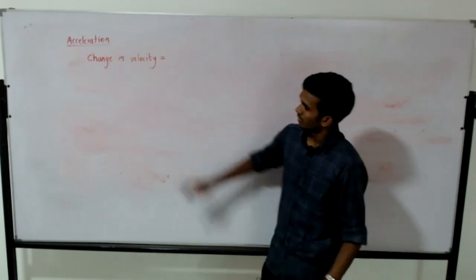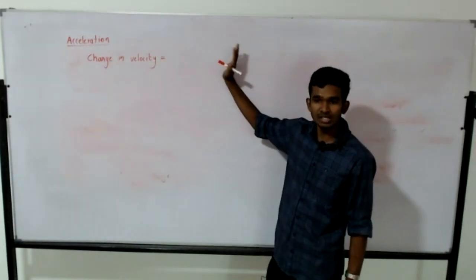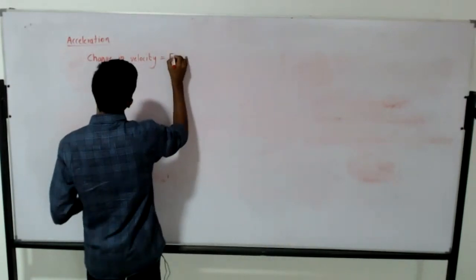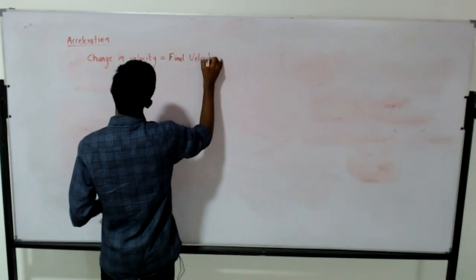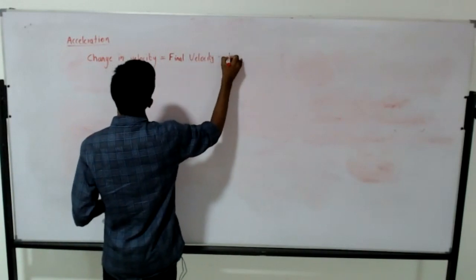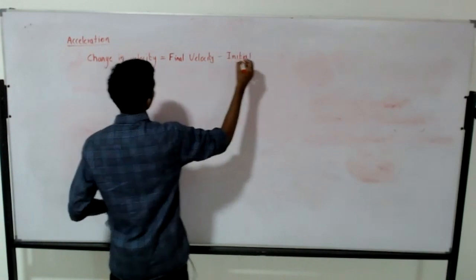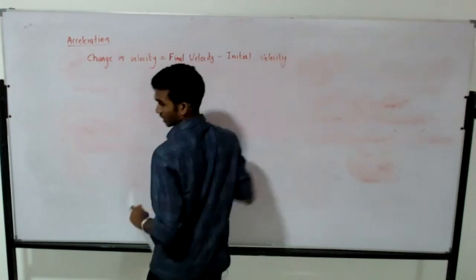Then tell me, change in velocity is what? Final velocity minus initial velocity. There you go. Very important theory.